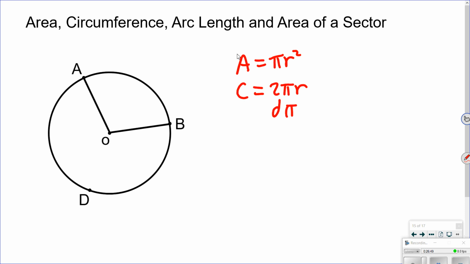Okay, if you want to find the arc length, that's how long an arc is. For example, you want to find out how long the arc AB is. The way we do that is you take the measure of the arc over 360 times the circumference. That gives you arc length.